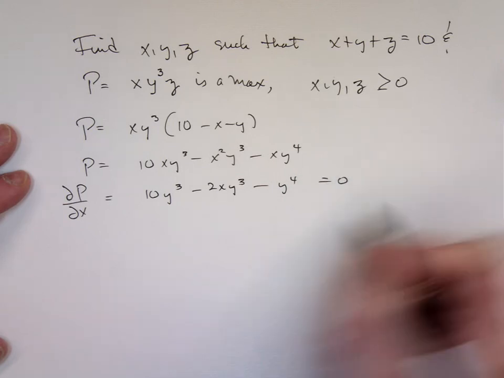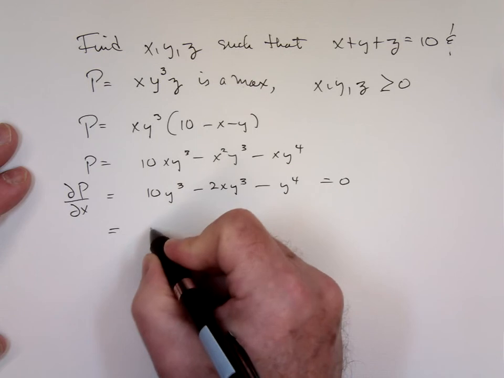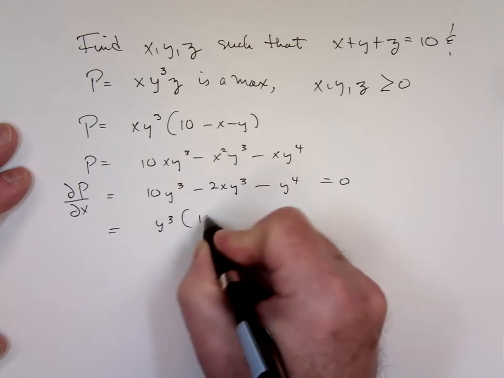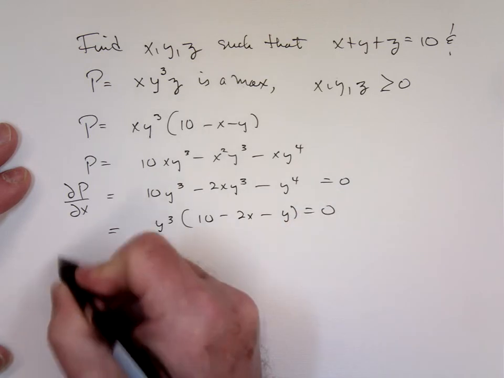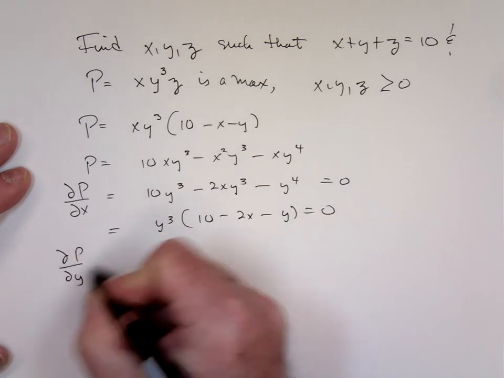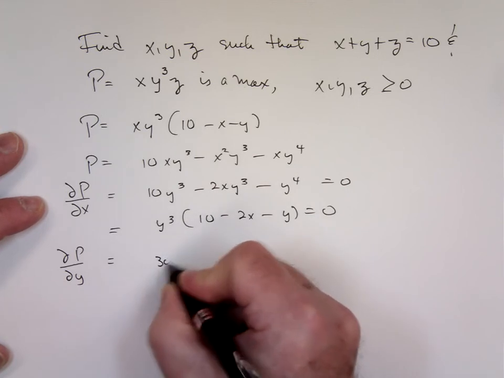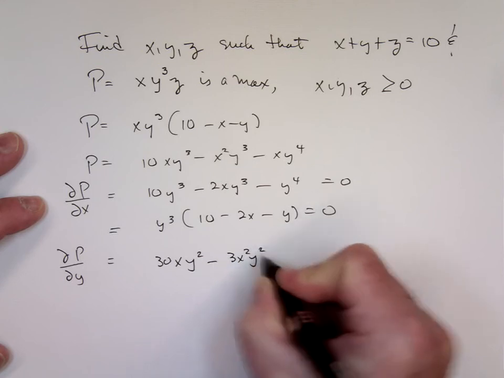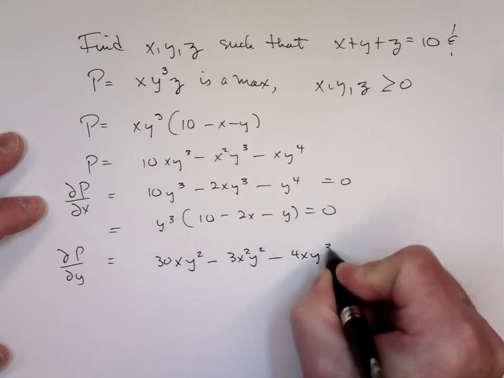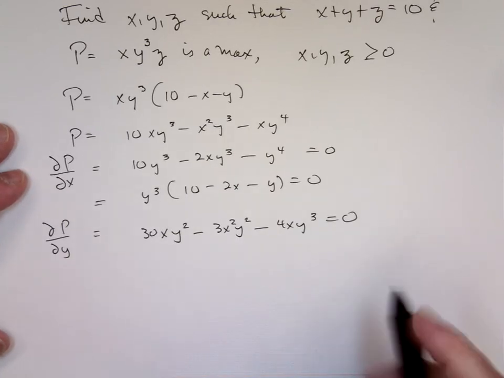Let me factor out a y cubed while I'm here. Take the partial of p with respect to y, set that equal to 0, and factor out an xy squared.